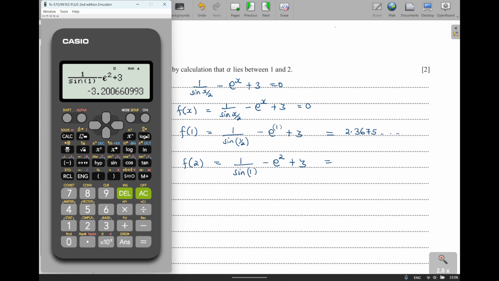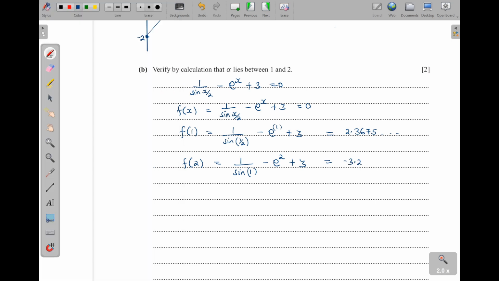So this is negative 3.20066, and the rest which are coming on.